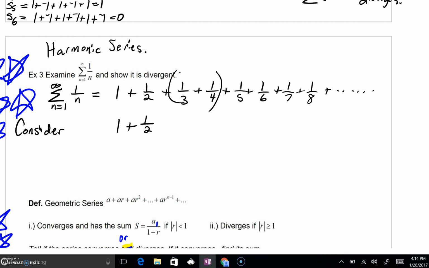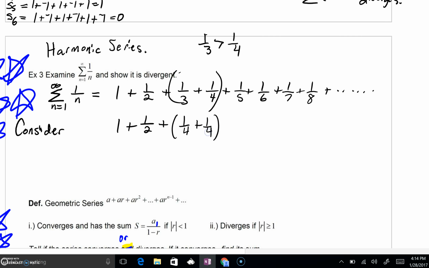And tell you what, I know that 1/3 is actually larger than 1/4. 1/3, of course, is larger than 1/4. What I'm going to do is make a new series over here and replace 1/3 with 1/4.